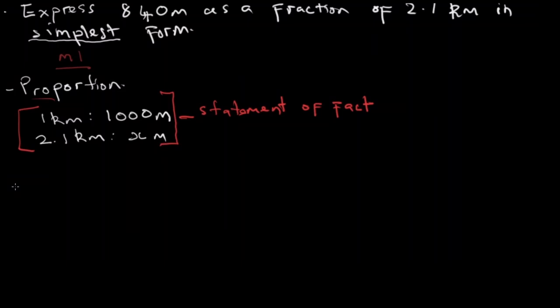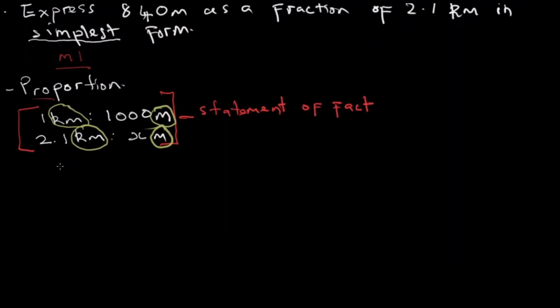In order for it to be correct, in order for you to finally get to your answer, you should make sure that on either side we have the same unit: kilometer, kilometer, meter, meter. Make sure that this statement of fact is correct, and make sure that you have correctly represented your question.